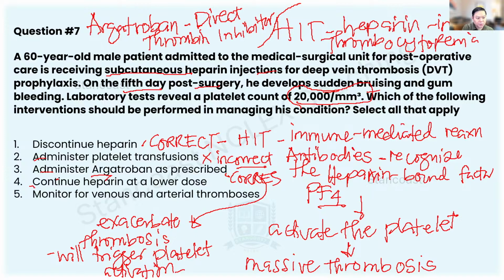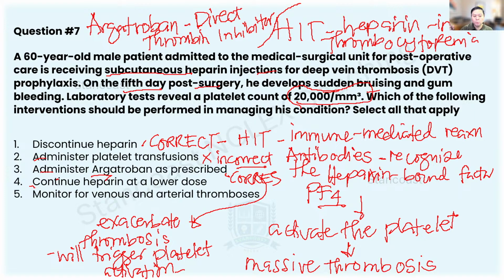What about continue heparin at a lower dose? We're not going to give any more. Like I've said earlier, once the patient develops antibodies against the medication, we're going to stop administering any heparin, not even in the near future, not even flushing their central line with heparin to prevent any clotting.